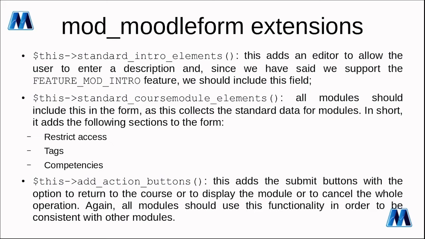And then the final one is add action buttons, which overrides the Moodle form one and adds additional buttons to the form. All modules should use this functionality to maintain consistency with all other modules. Now, one thing you might notice is that in most of the other plugins, we add our fields to a form that's created by the core itself.